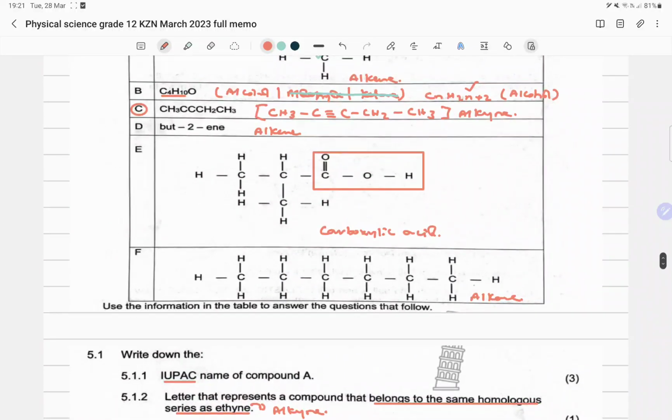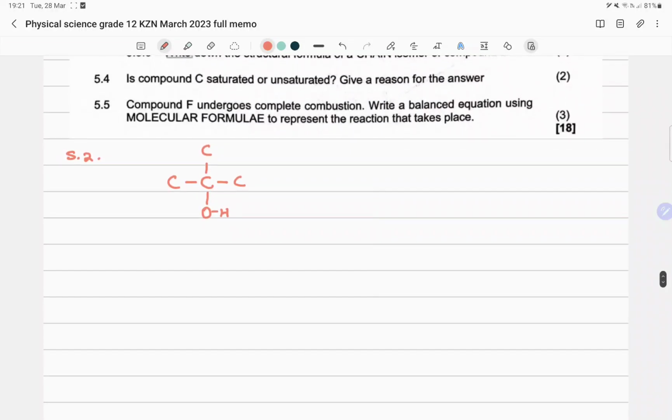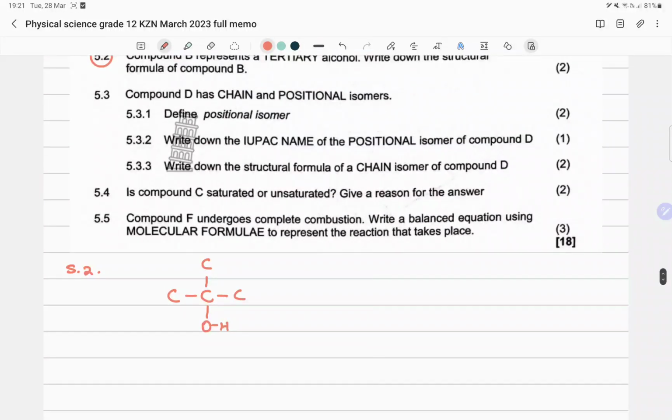It is 4 carbons. So we've got 3 carbons here at the moment. It means we can add either this side, or that side, or this side. It is absolutely up to us how we want to do this. You understand?